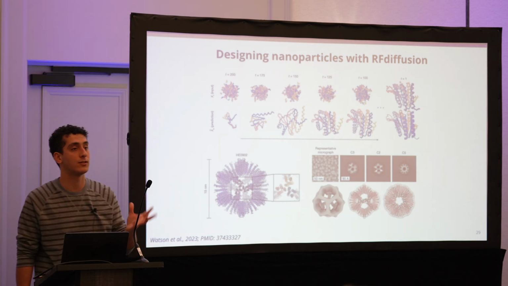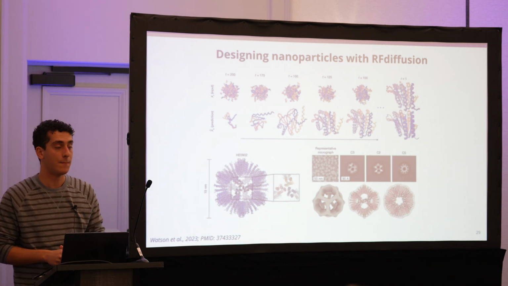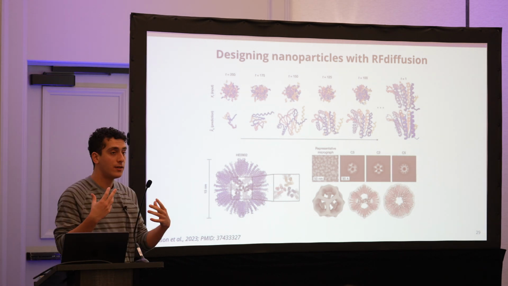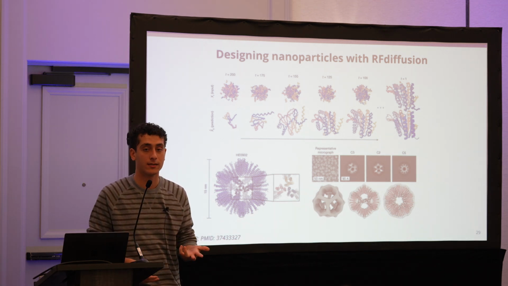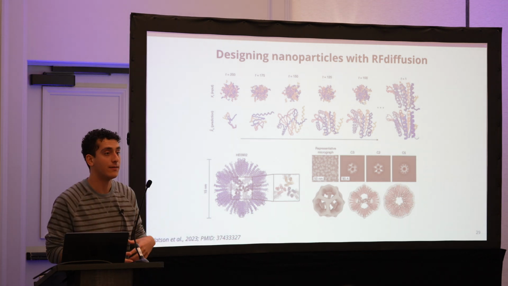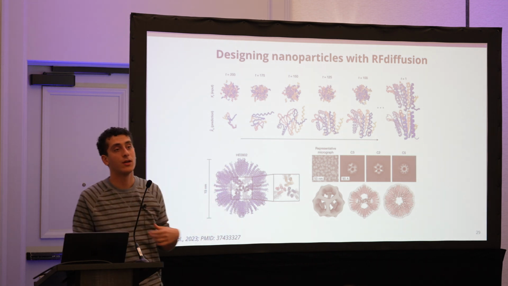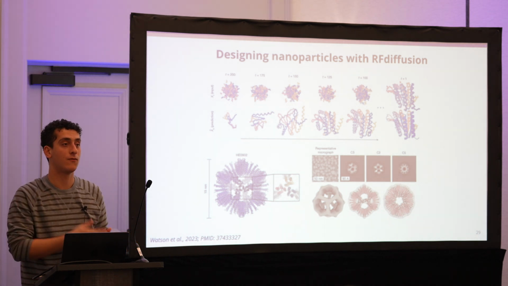This is the direction that I think ideally we would go in and see if you can actually make these nanoparticles. Because if I wanted to make a nanoparticle for a given antigen or a given target, the goal would be to give that antigen and say, make me a nanoparticle for this antigen.